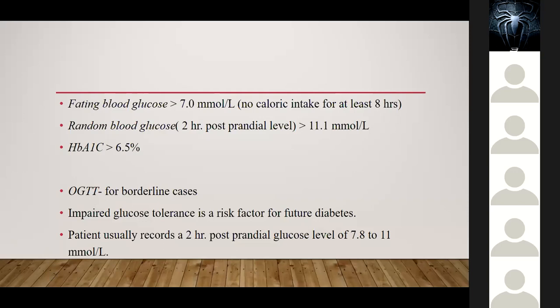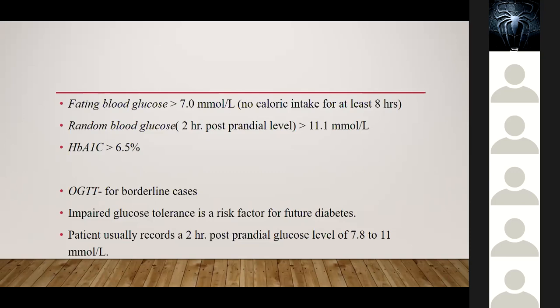And also for borderline cases or impaired glucose tolerance, for people who are at risk of becoming diabetic or developing full-blown diabetes, we would want to do what we call OGTT. So once we do our oral glucose tolerance test, there are parameters that we'll look out for. If you are exceeding the upper limit of these parameters, then in fact, you've gone beyond the borderline, and we can make a diagnosis of diabetes.